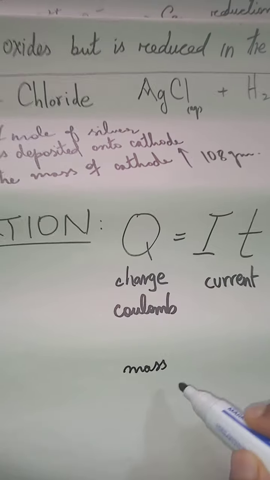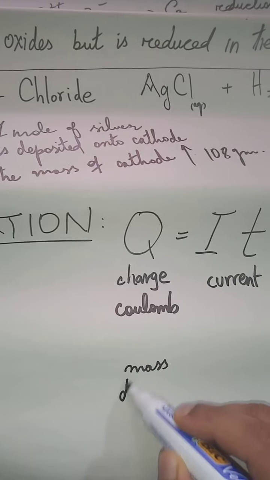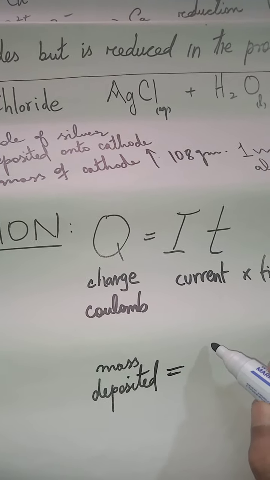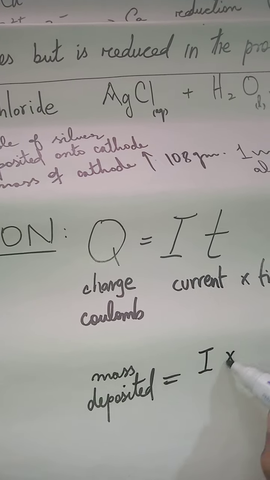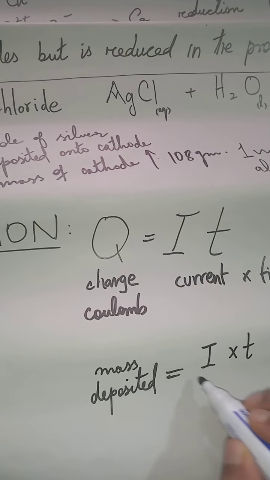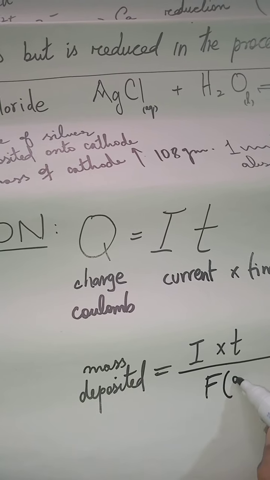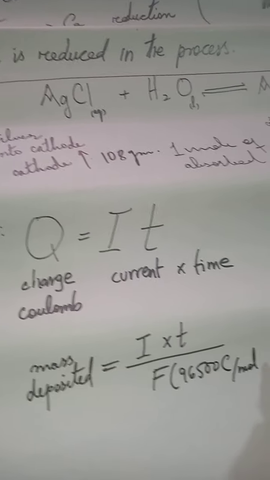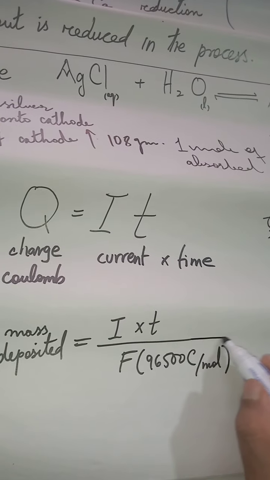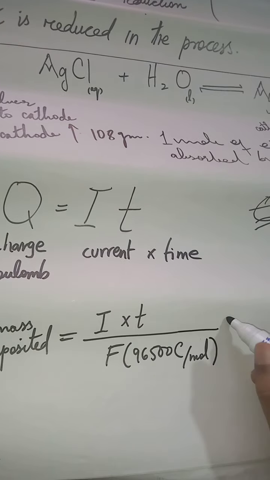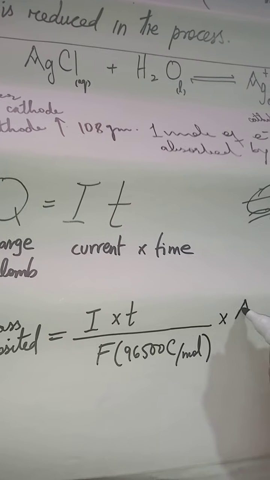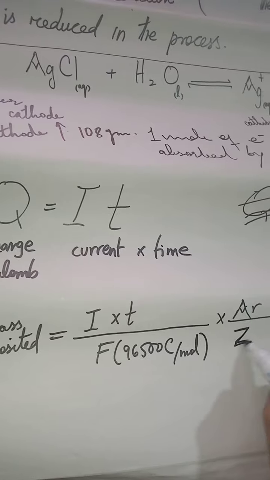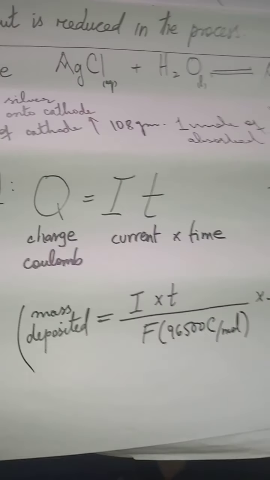Mass deposited equals current supplied times time taken for that current to be supplied divided by the Faraday constant, which is 96,500 coulombs per mole, and times the atomic mass of the deposited divided by the charge, the valency. So that's also another one you need to understand.